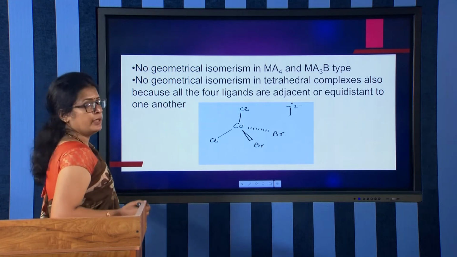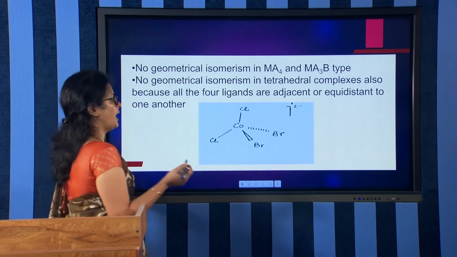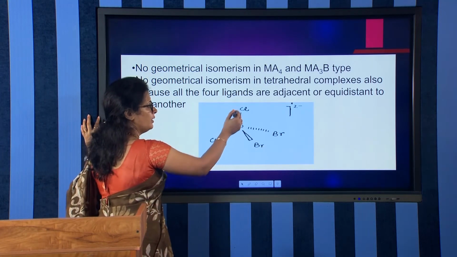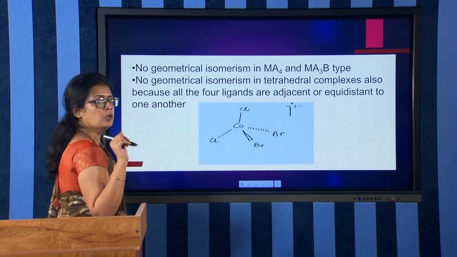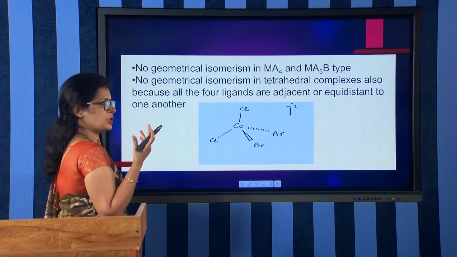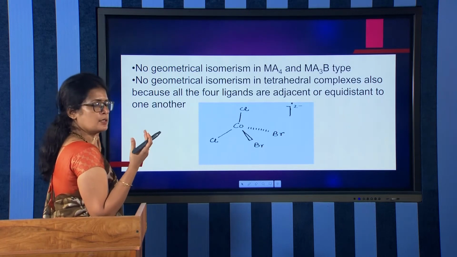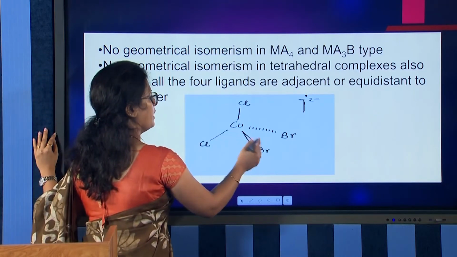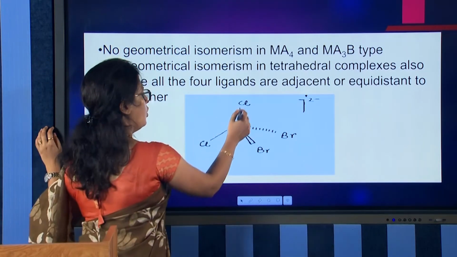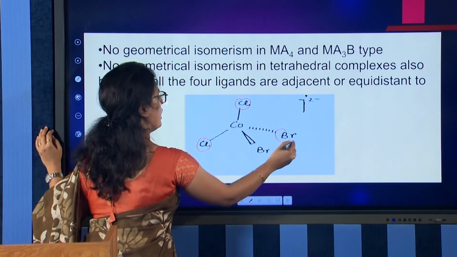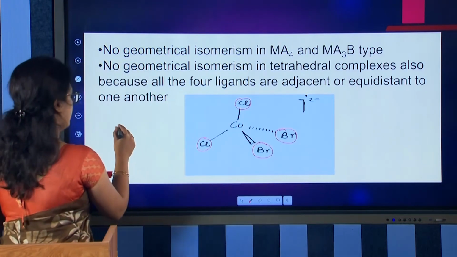See, you know that the tetrahedral complex has a structure like this. We have the central metal and the 4 ligands are at the 4 corners of a tetrahedron. And how can it be a cis and trans position? You can't say it is cis or trans. So, you can't say this is a cis isomer because these 4 are at the corners of a cube.